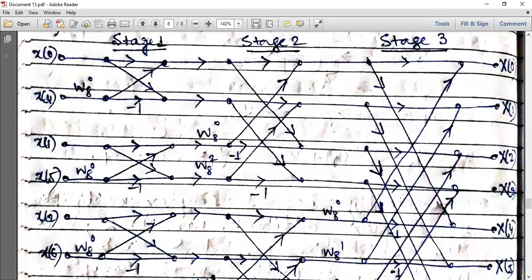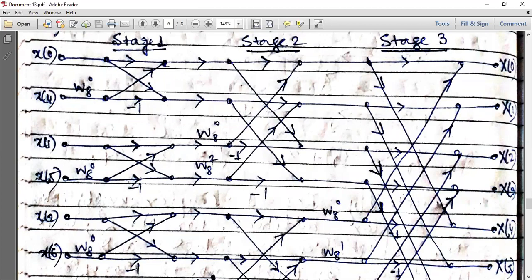For stage 2, you see, point 0 has combined with 1, 4 has combined with 5. So 5 has combined with 4. Again here, 1 has combined with 0.